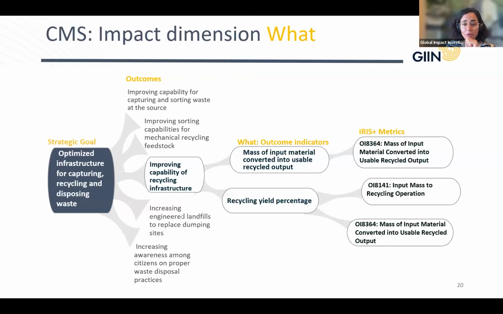One is mass of input material converted into usable recycled output. So this is again an outcome focused indicator, right? So it's not just input material going into a recycling infrastructure and system, but it is the mass of that input material that has been converted into usable recycled output.